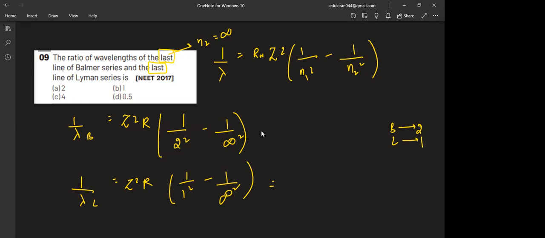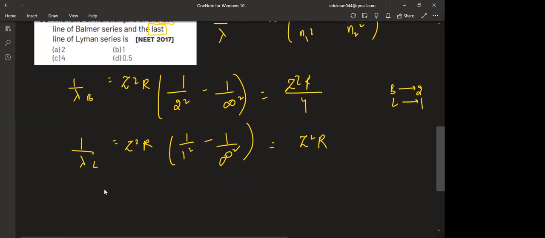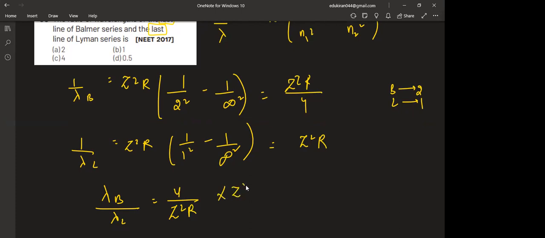If you take this, it is Z square R by 4 for Balmer, and just Z square R for Lyman. Just take their ratio. Lambda Balmer by lambda Lyman is asked, so this will get reversed. It will become 4 by Z square R over 1 by Z square R. Z square R cancels, and the ratio becomes equal to 4. So yes, Alia was correct. C option. Quickly note it down, class.